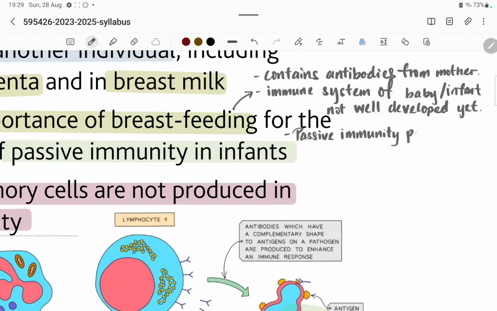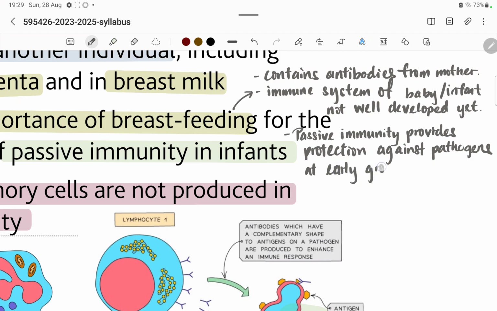We know it provides protection for the baby, but you need to be specific, so you need to write protection against what? Against pathogens, at the early growth stage of the infant.